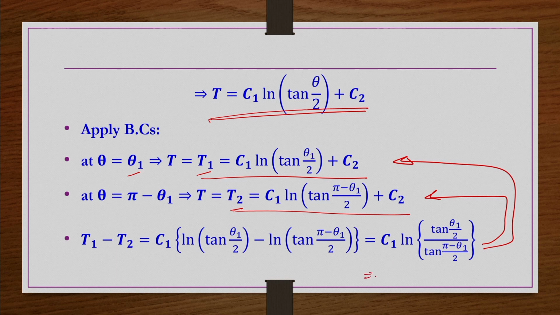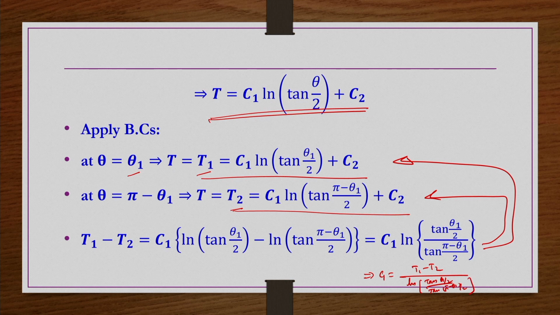From here, C1 equals T1 minus T2 divided by ln of tan theta 1 by 2 divided by tan of pi minus theta 1 by 2. This is what you are getting, but it is not necessary to do that again.